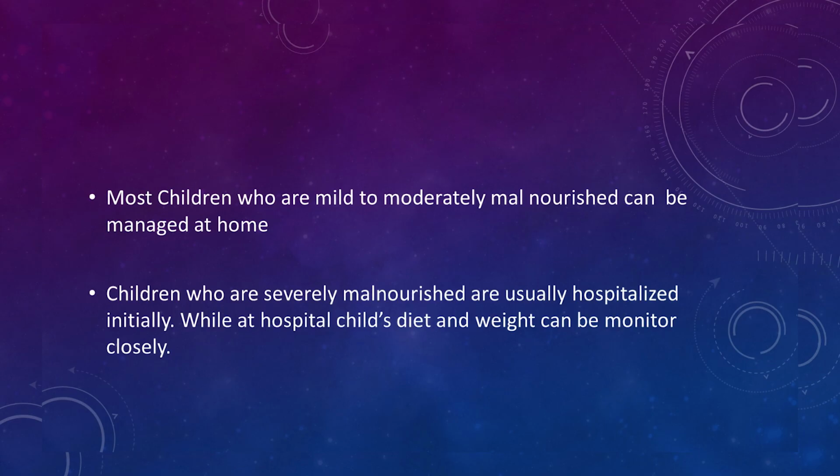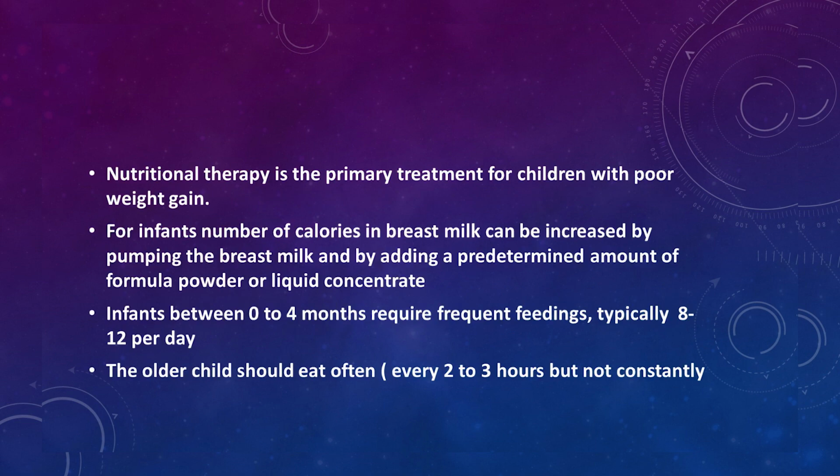Most children who are mildly or moderately malnourished can be managed at home. Only those who are severely malnourished usually need hospitalization initially, where the child's diet and weight can be monitored. So, nutritional therapy is the primary treatment for children with poor weight gain.